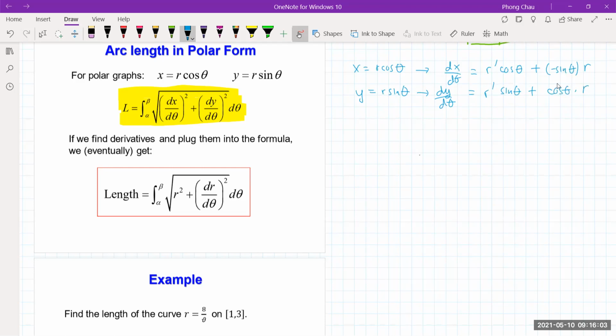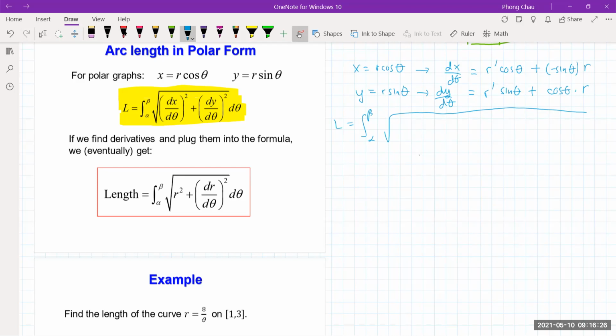Then you're going to plug this whole thing in here. So when you have L equals the integral from alpha to beta of the square root of the big expression, you're going to square this plus square that.